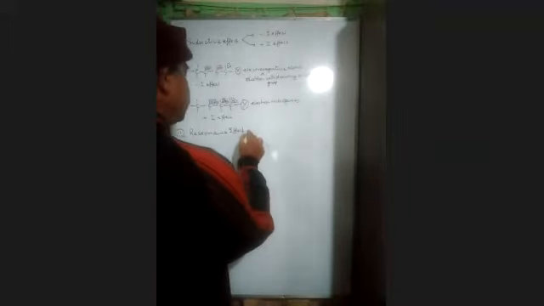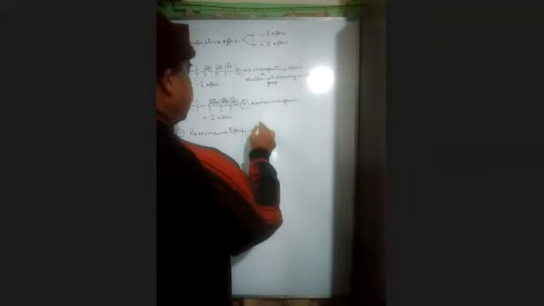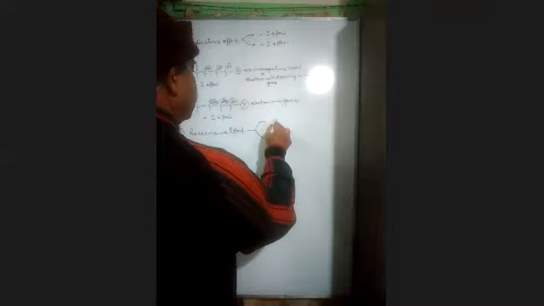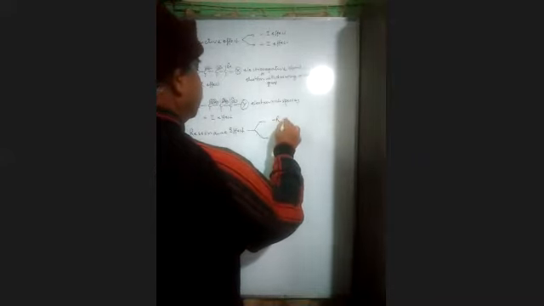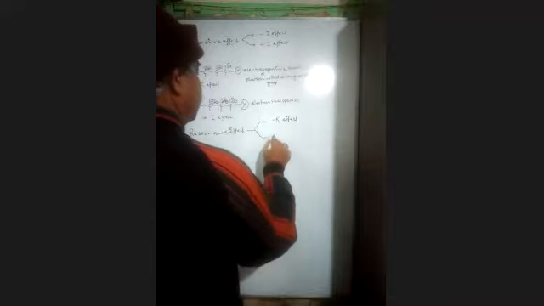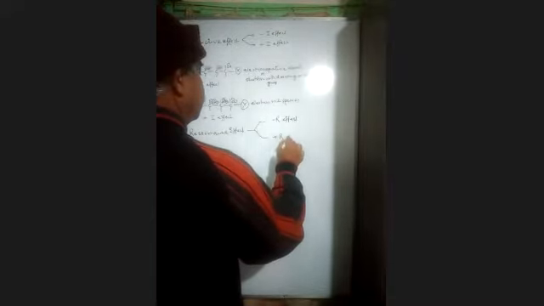So again, here also you find it can be of two types. Minus R effect and plus R effect. Minus R effect is caused by electronegative elements or electron withdrawing groups, and the plus R effect is caused by electron donating groups.